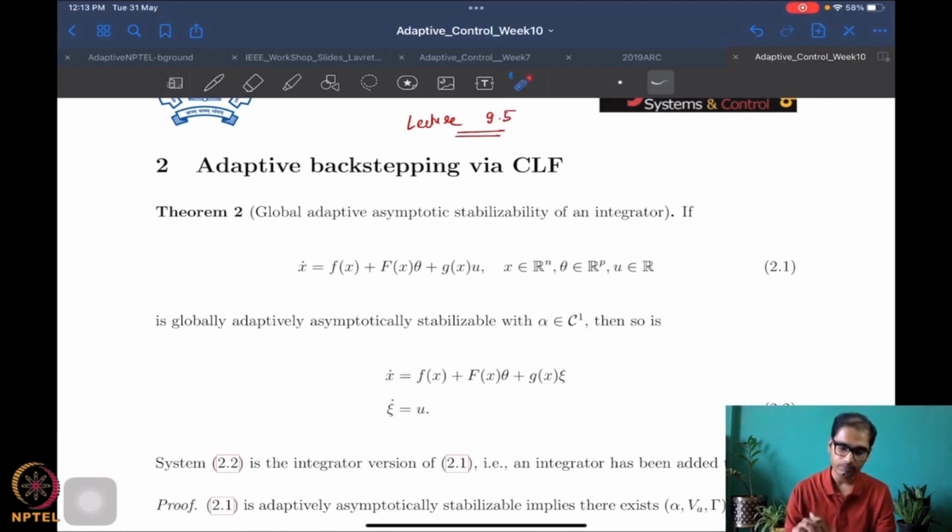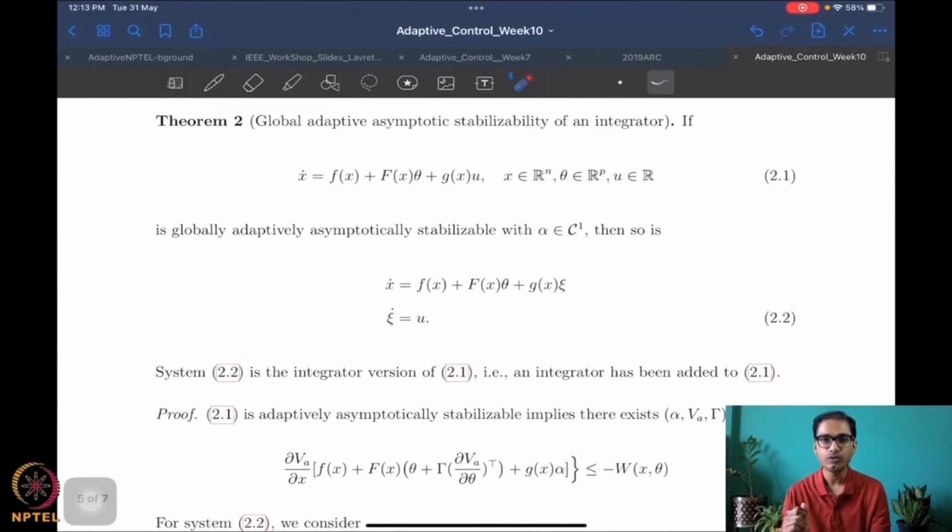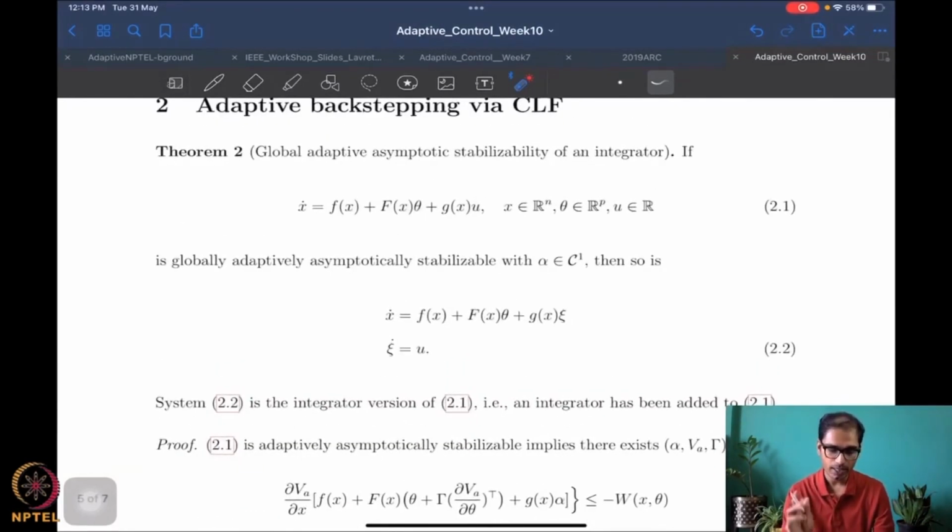So that's what we will of course prove, or try to prove. That's the idea. The system 2.2, as you can see, is essentially an integrator version. The control is replaced by the state psi, and then there's psi dot equal to u. So it's essentially the standard backstepping form that you are used to seeing.